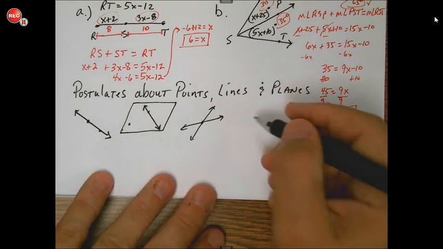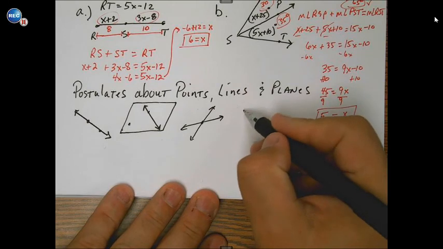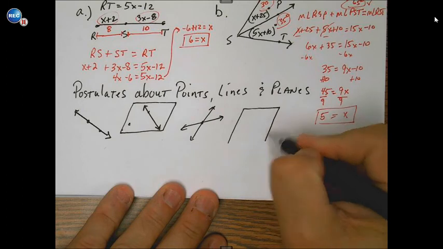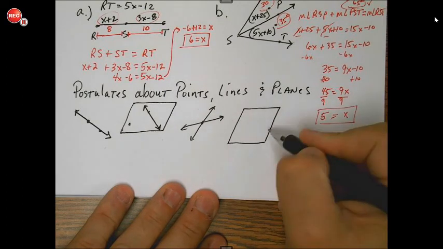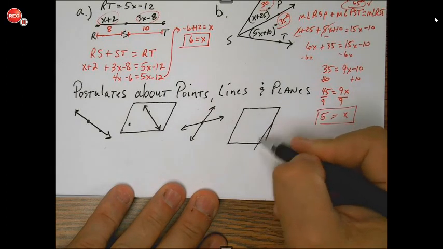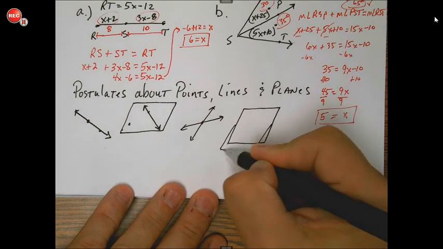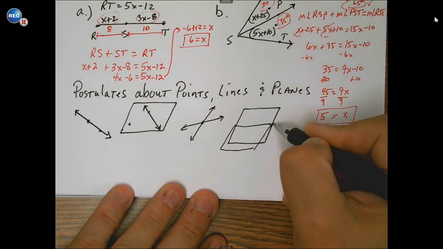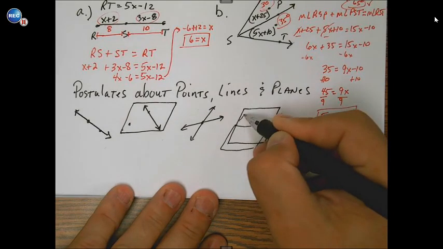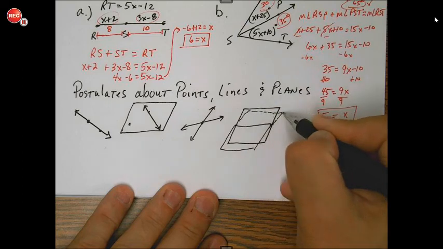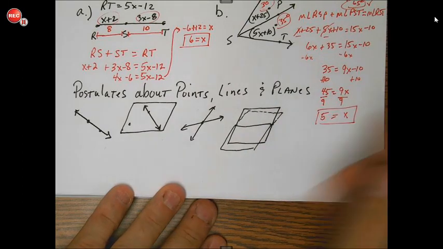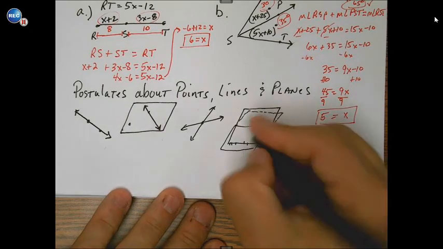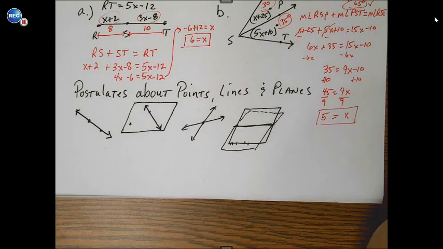If 2 planes intersect, we kind of talked about this with the walls when they intersect. Not a great picture. But if 2 planes intersect, they intersect in a line. Think of the front wall and the side wall.